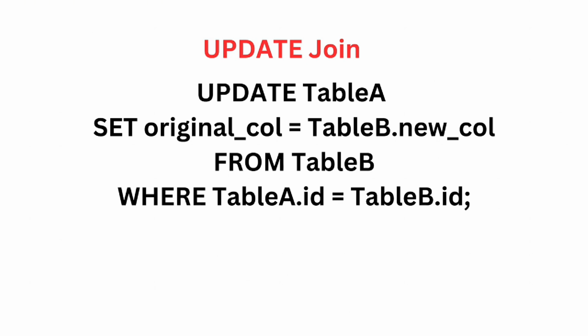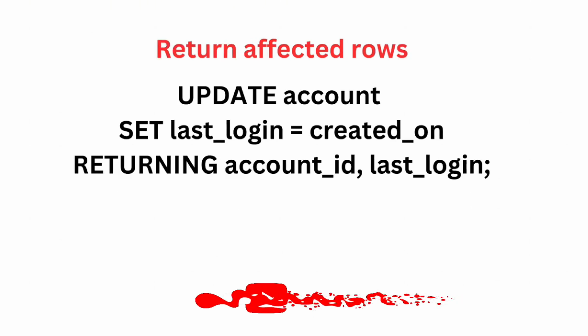So the way this works in general syntax is we choose the table we're updating, such as table A, and we say update table A and set the original column, which is part of table A, equal to some new column part of table B, from table B, where table A.id is equal to table B.id, which is essentially where that joining is taking place. So we just figure out some key to match these two tables on, and then we say set the original column within table A equal to table B.new_column.